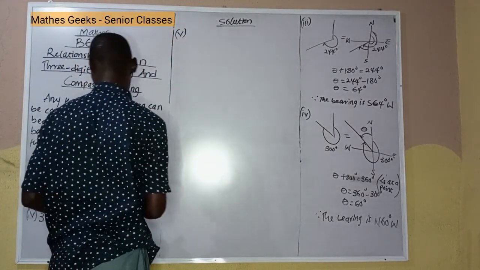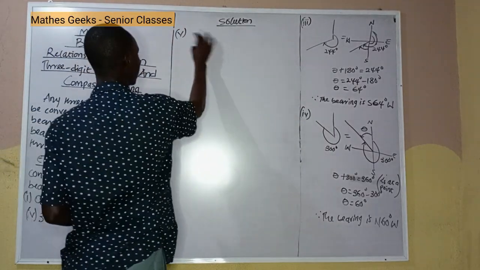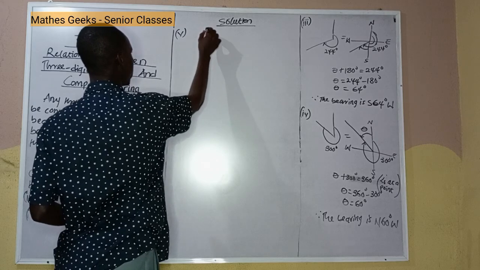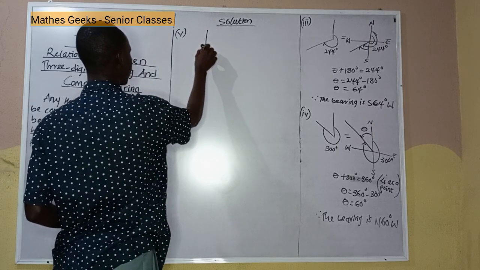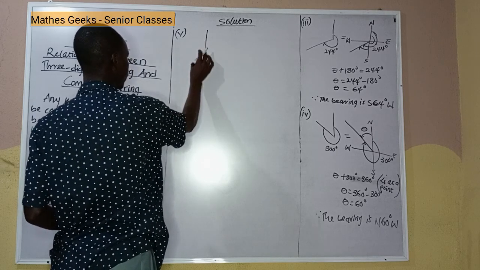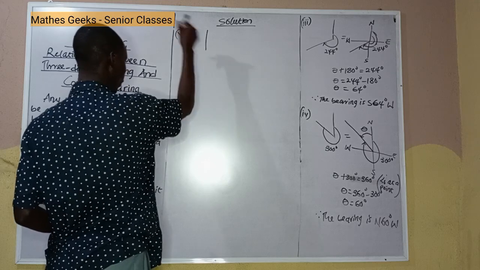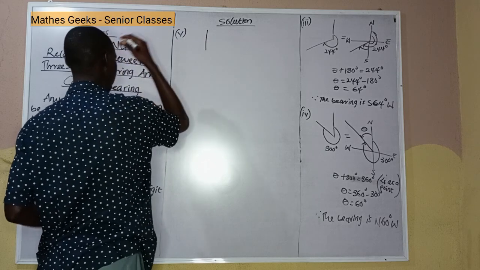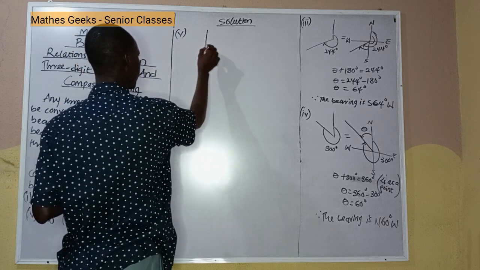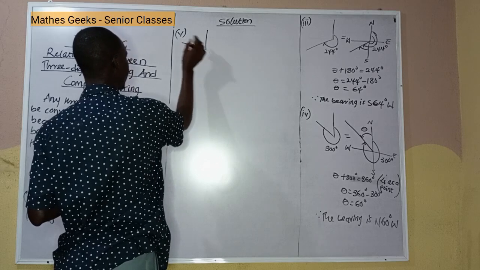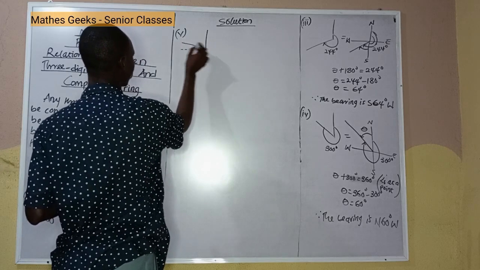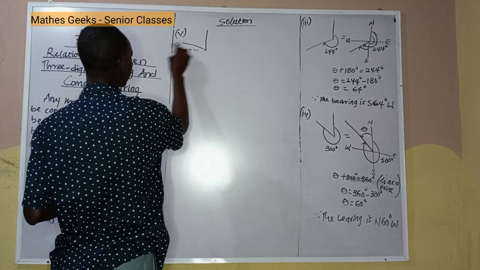Number 5, 275 degrees. The 3rd quadrant is within 180 to 270. 275 degrees is in the 4th quadrant. It is something like this, because this is the western direction and it's 270.